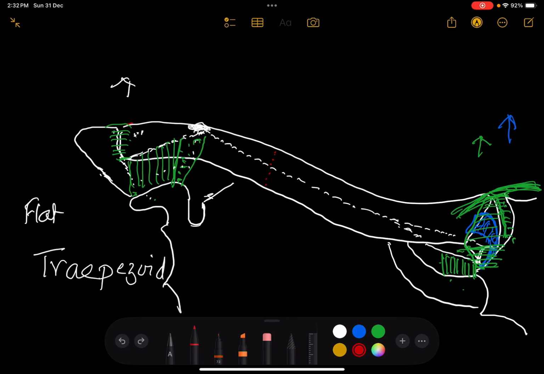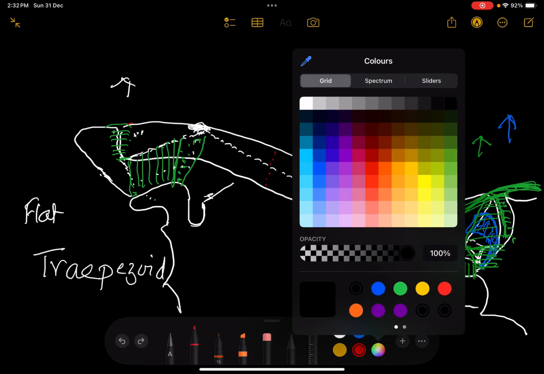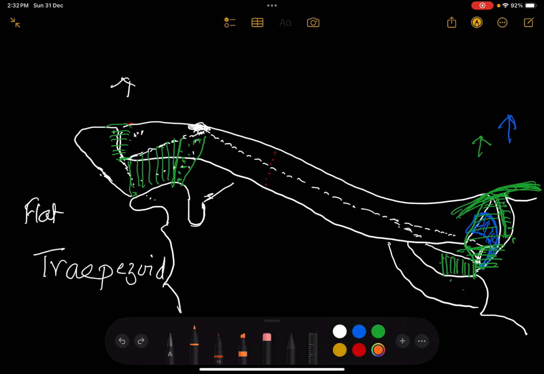Now we will move to the muscle and fascial attachment. So here we take the brown color. On the posterior border of the lateral third of the clavicle is attached a muscle which is the trapezius.